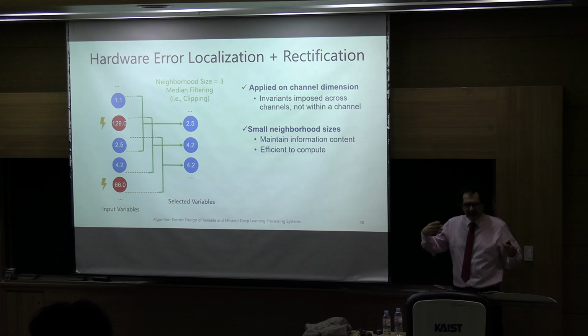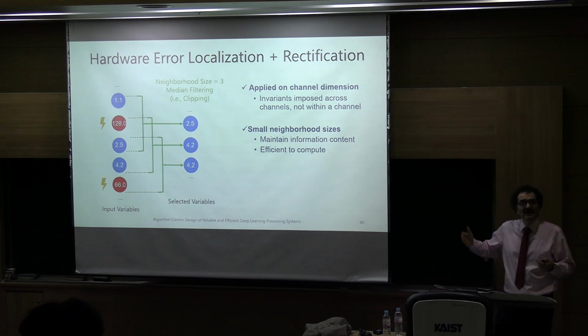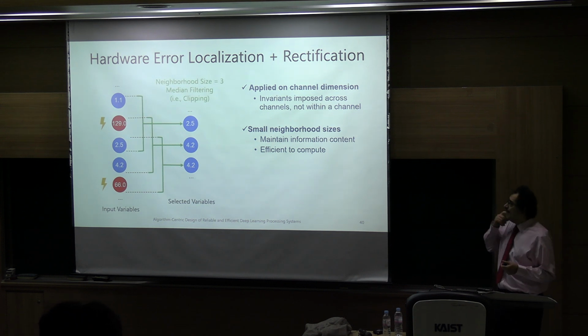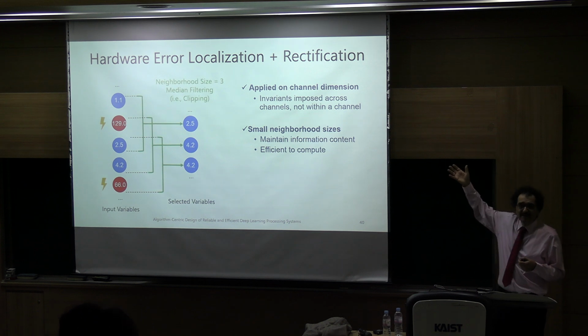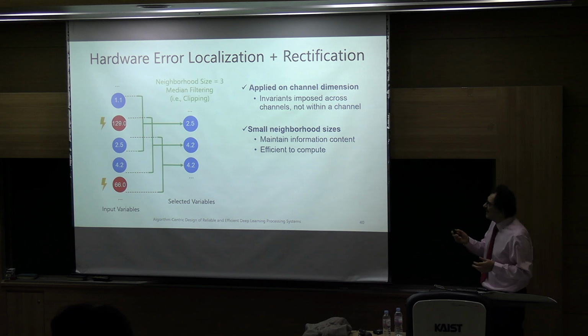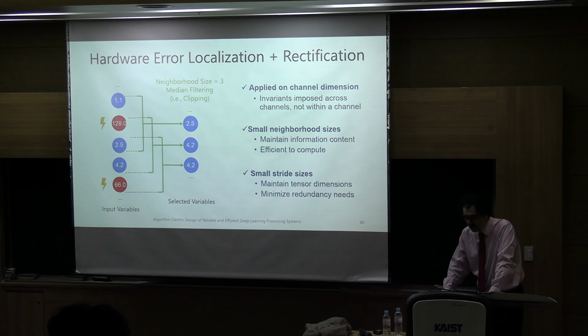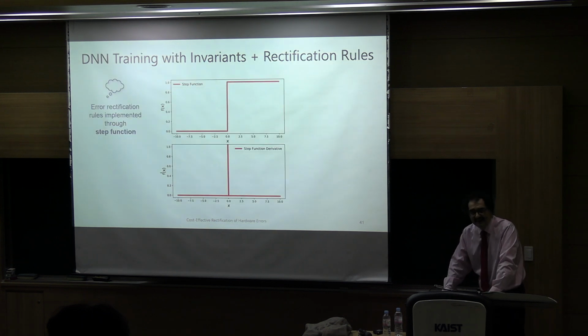And then, you know, similar things over here. So there are a number of issues to consider, which in a convolutional system, where do you apply? You want to apply it on the channel dimension, and that's because of the error density and neighborhood and various considerations. You want to do small neighborhood sizes, both to maintain content and efficiency, and small stride size.